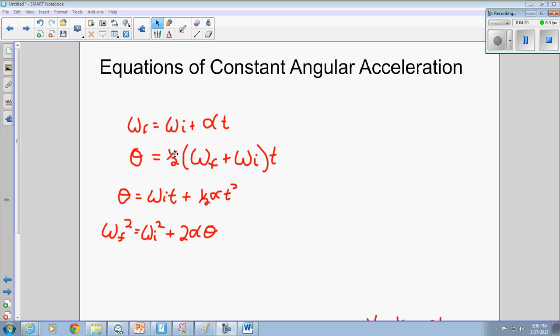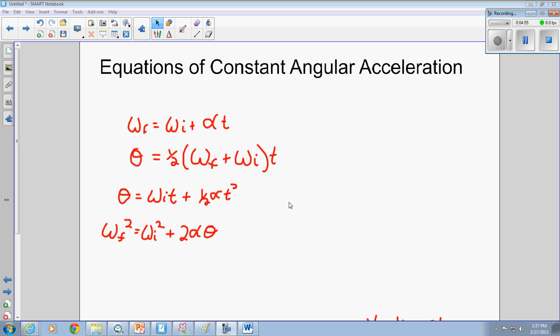Angular displacement equals 1/2 final angular velocity plus initial angular velocity times time. Angular displacement is initial angular velocity times time plus 1/2 angular acceleration times time squared. Final angular velocity squared equals initial angular velocity squared plus 2 times angular acceleration times angular displacement.